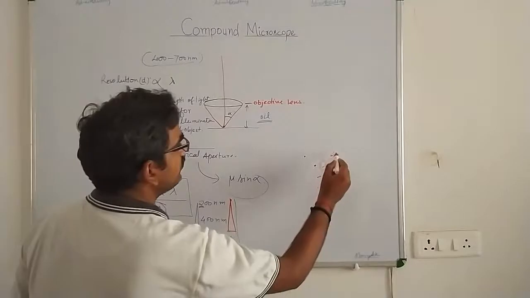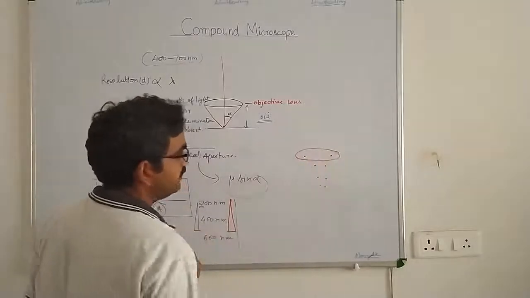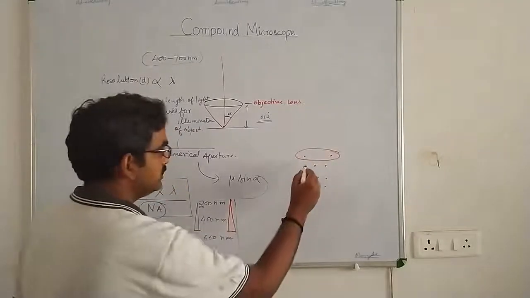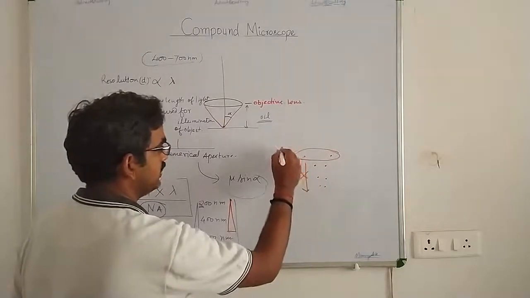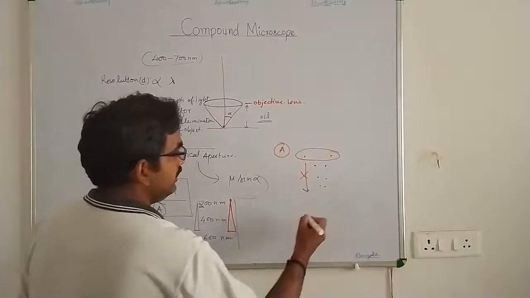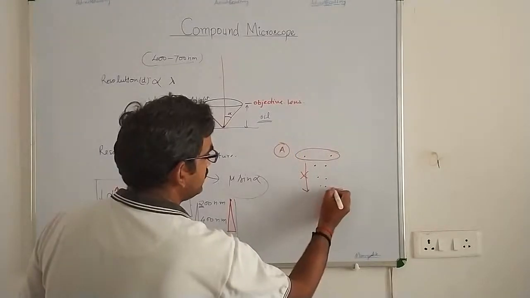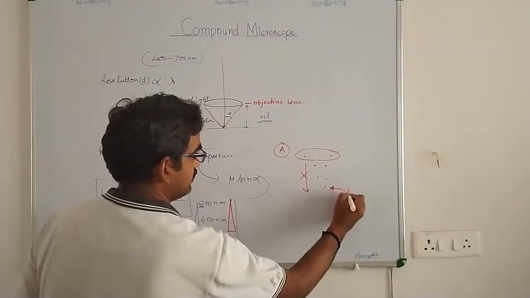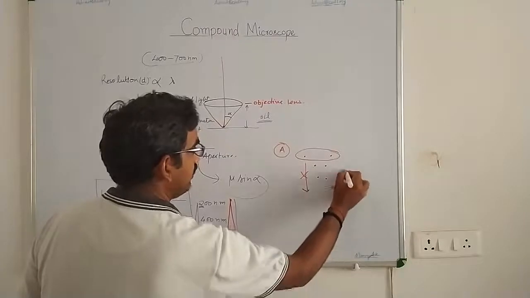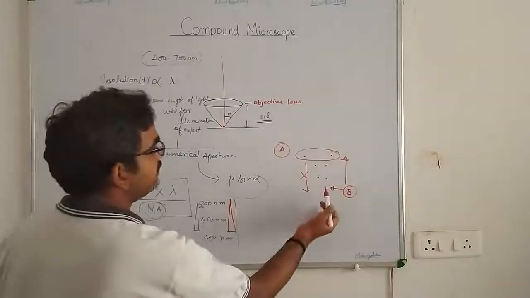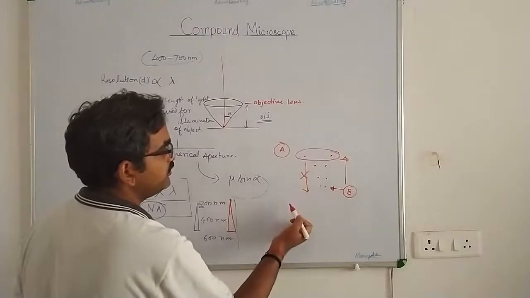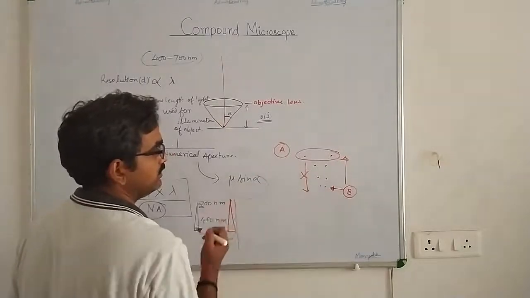If a microscope can observe only this and cannot observe beyond this, that is microscope A, and if a microscope B can observe all these points, which one has high resolving power, B or A?